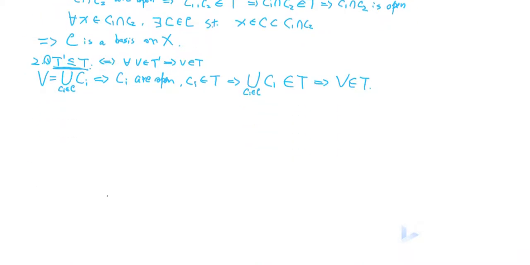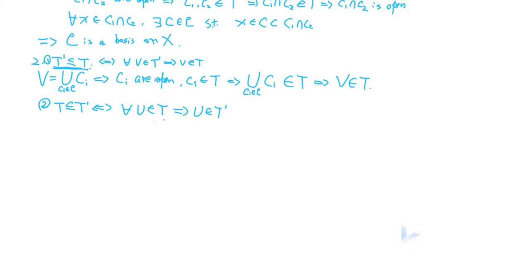Okay, and then we need to prove the second part: T is a subset of T prime. In order to prove this, similarly, we need to prove that for any U from the topology T, U is also an element of T prime.